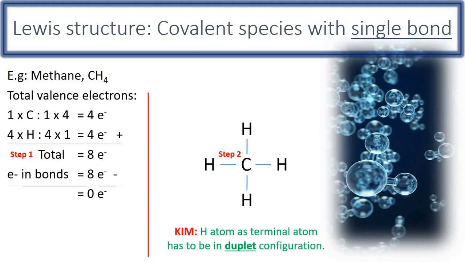Please keep in mind, hydrogen atom as terminal atom has to be in duplet configuration only, and there is no remaining electrons. Therefore, we can skip step 3 and step 4. There we have it, the Lewis structure of methane. Easy, isn't it?